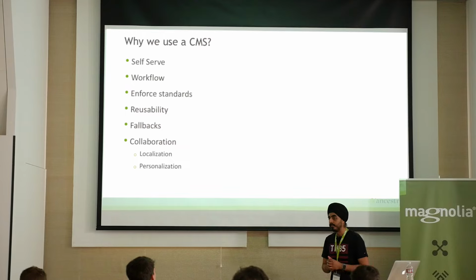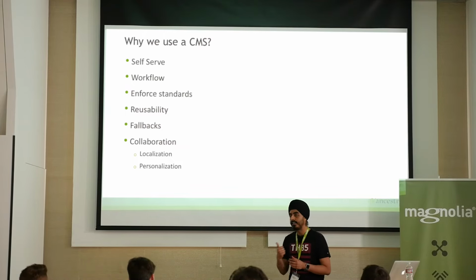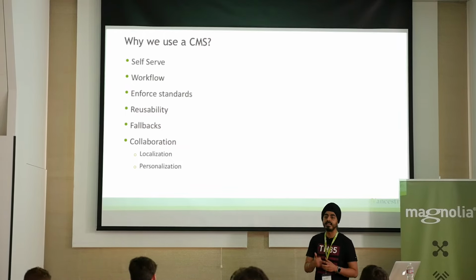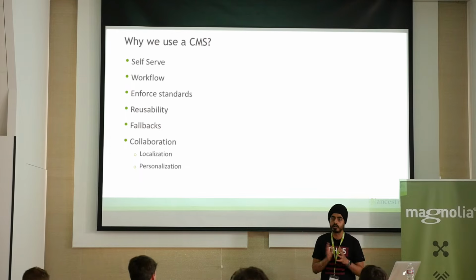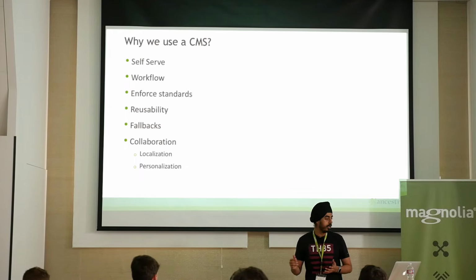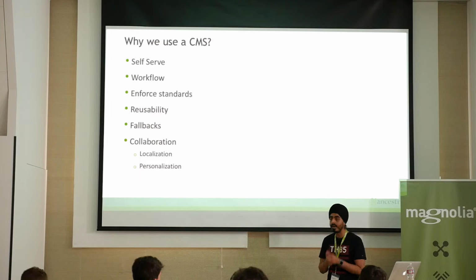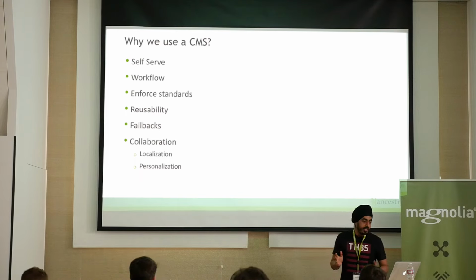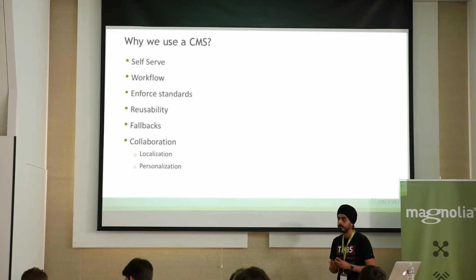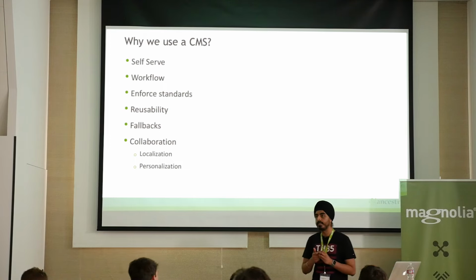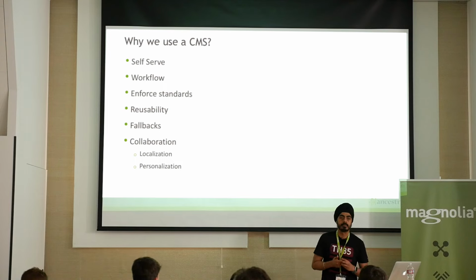Reusability is a big piece of it. Let's say someone wrote a testimonial for our company, right? The same testimonial will get displayed across the site in a lot of places. So we want to be able to create just one asset and use it throughout the site, right? Besides content reusability, there is also feature reusability. Let's say a new personalization service comes up, right?